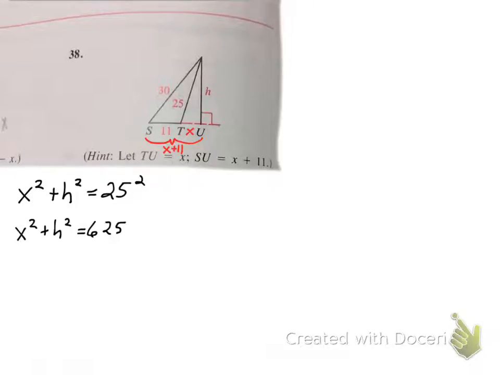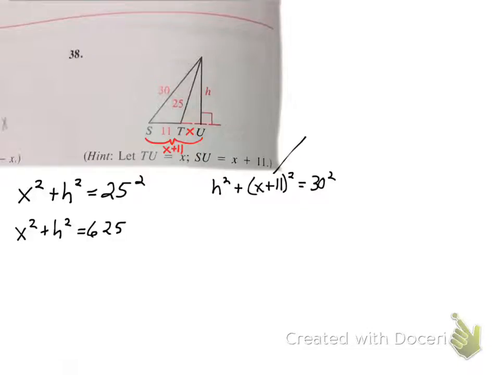Our bigger triangle has a hypotenuse of 30. It's got a leg of x plus 11, and it has a leg of h. So one of our sides is h squared, the other side is x plus 11 squared, and that's going to equal 30 squared.